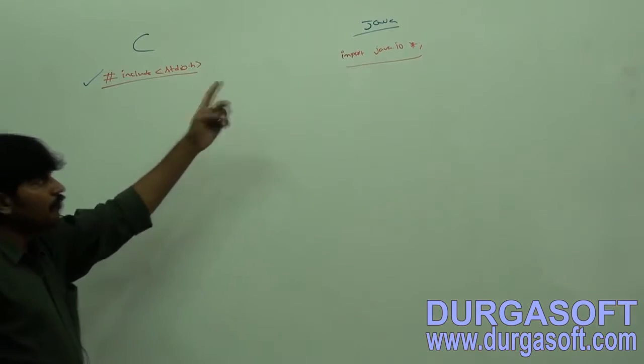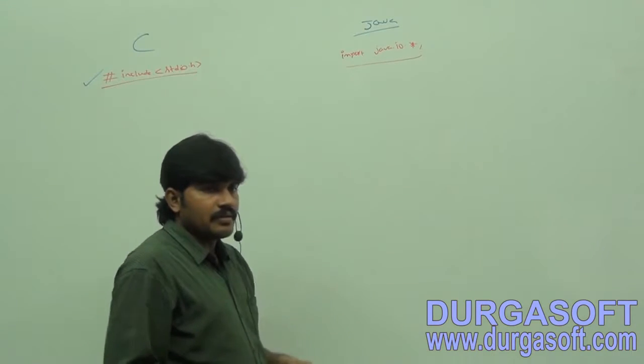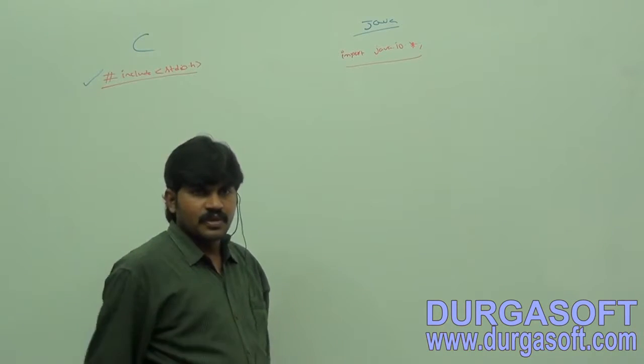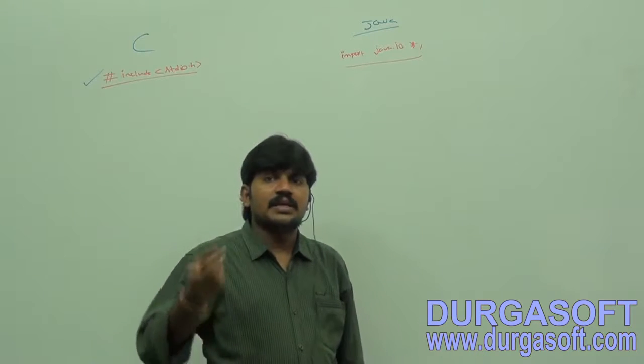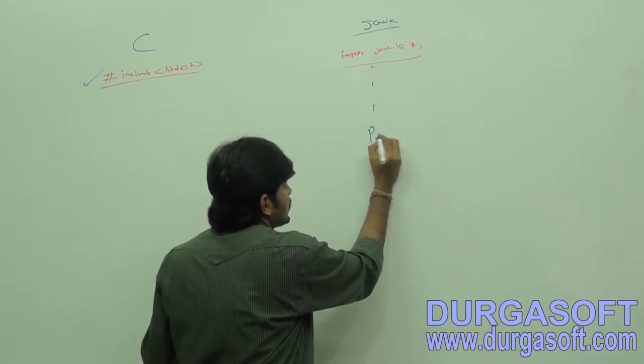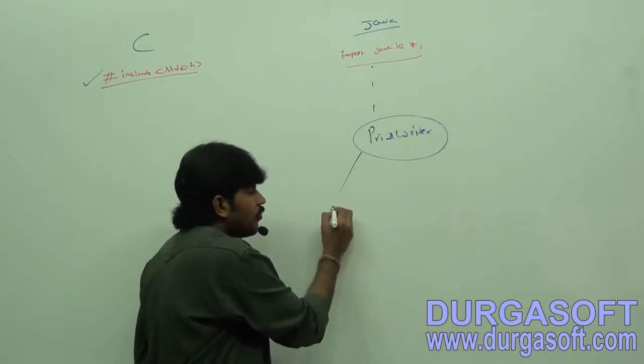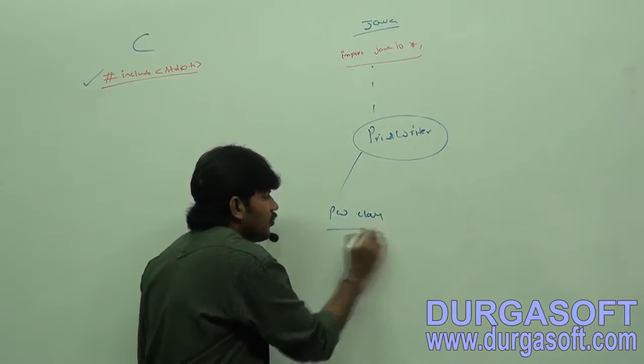But in the case of the Java import statement, no class is going to be loaded at this line. At runtime, whenever we are using a particular class, say the PrintWriter class, at that point PrintWriter.class file will be loaded.